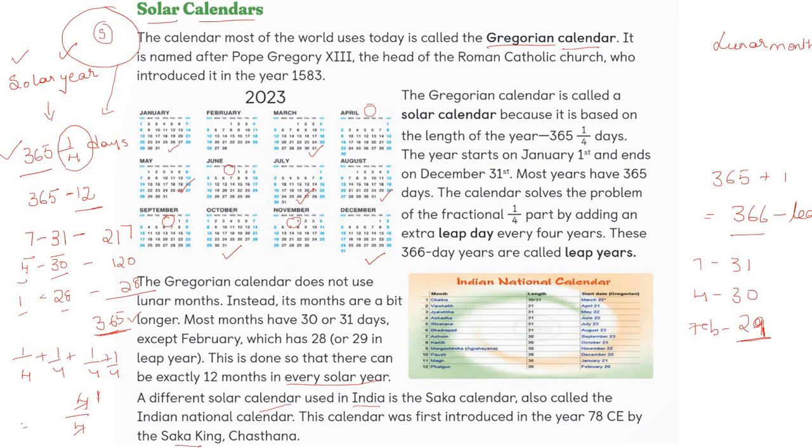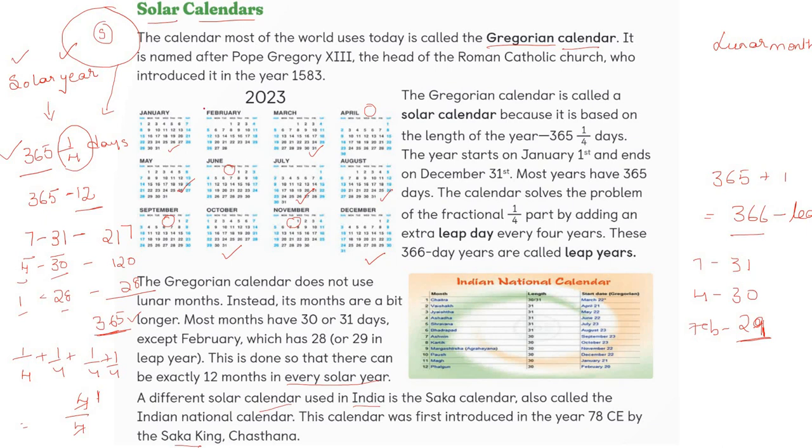Please go through it. It starts with March, Chaitra Masa, Vaisakha, Jyeshta, Ashada. Read all the months, read the length of the month, and read the corresponding English months also. Soon we have a quiz on it, and you have to participate in the quiz.